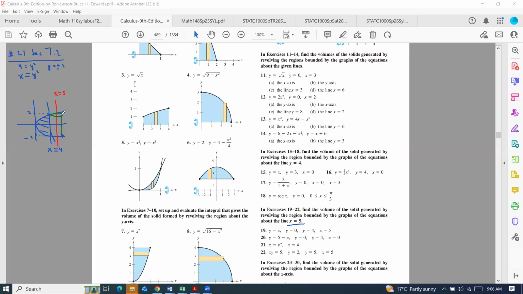I will give you some with parabolas. I'm sure you know how to graph. Right? So what do I do now? Well, I rotate this chunk highlighted in blue, and I rotate it about the line x is equal to 5.